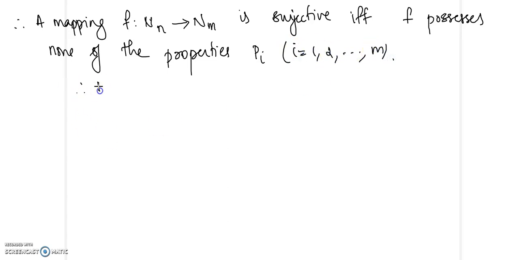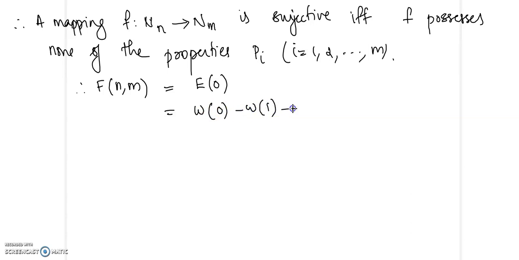So therefore the required number of surjective mappings will be equal to E of 0, which is omega of 0 minus omega of 1 plus omega of 2 minus omega of 3 plus etc., minus 1 whole raised to m omega of m, where we are having m properties.